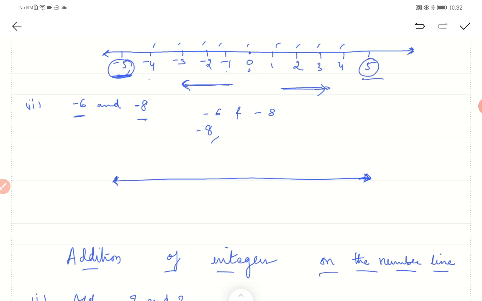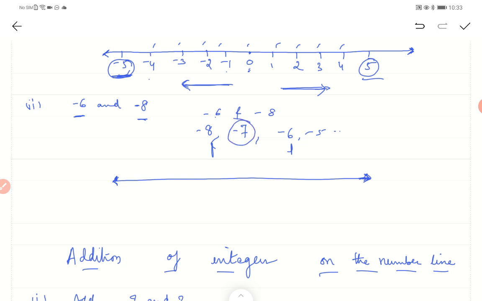After minus 8 you have minus 7 and minus 6, and minus 5 and so on. So between minus 8 and minus 6 you have minus 7, isn't it?